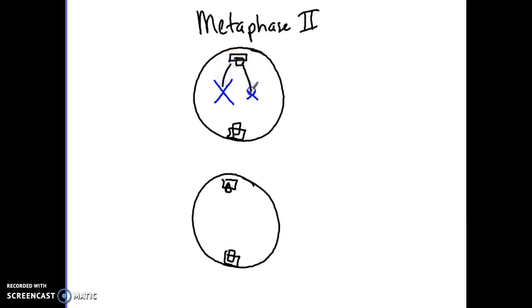Let's attach the spindle fibers. And then in the bottom cell, I have the large pink and small pink. And we have our spindle fibers. So here we have replicated chromosomes lining up at the equator, which was different than Metaphase I, where tetrads lined up. It's more about the vocabulary you need to know as to what is aligning at the equator.